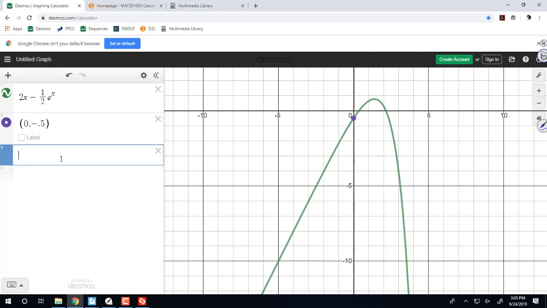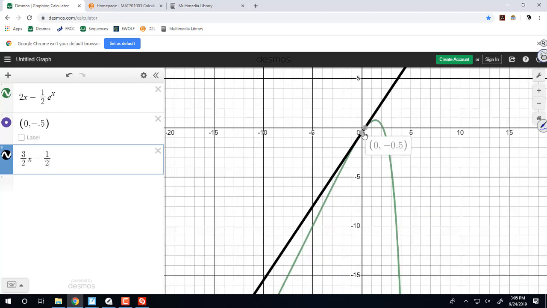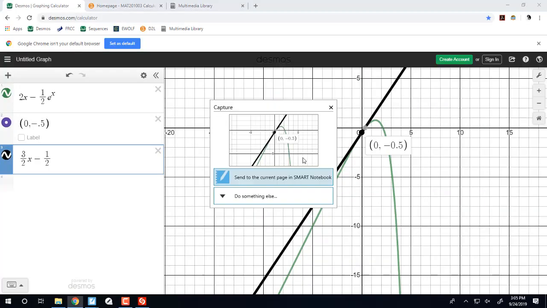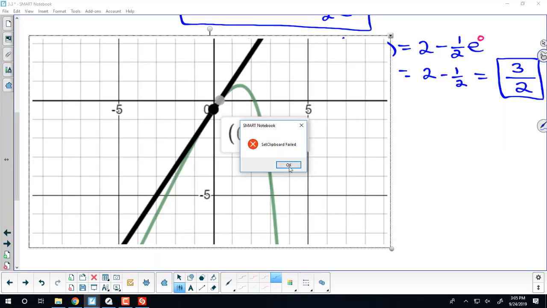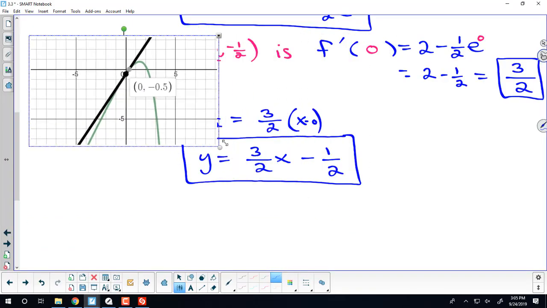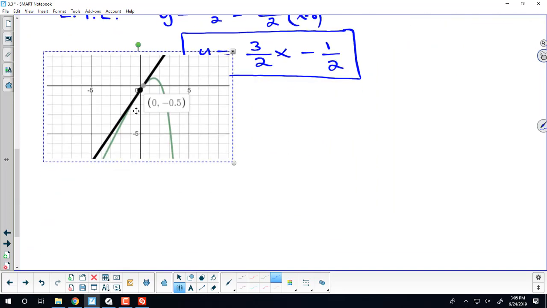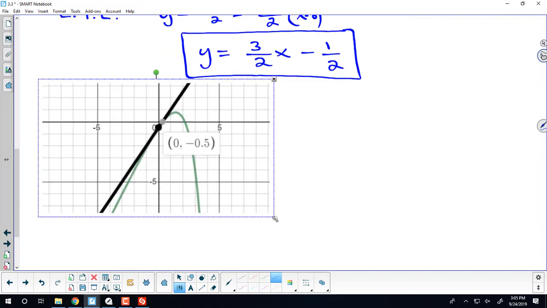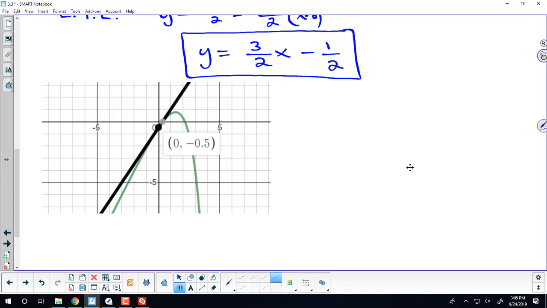We said it's 3/2 x minus 1/2. I wouldn't have you graph these things on the exam. I think it's just good to verify visually that what we did is accurate. Does anyone have any questions on that?